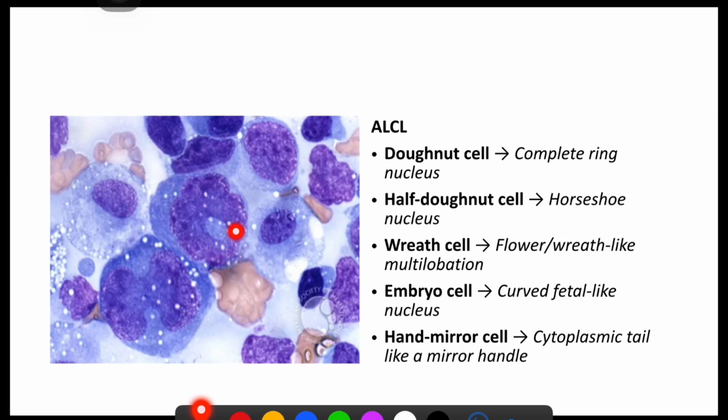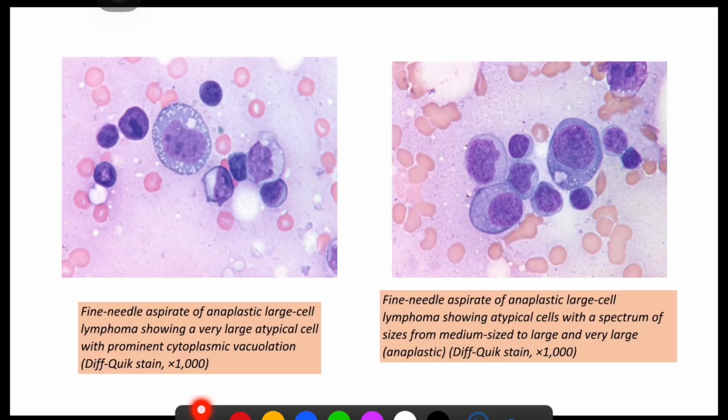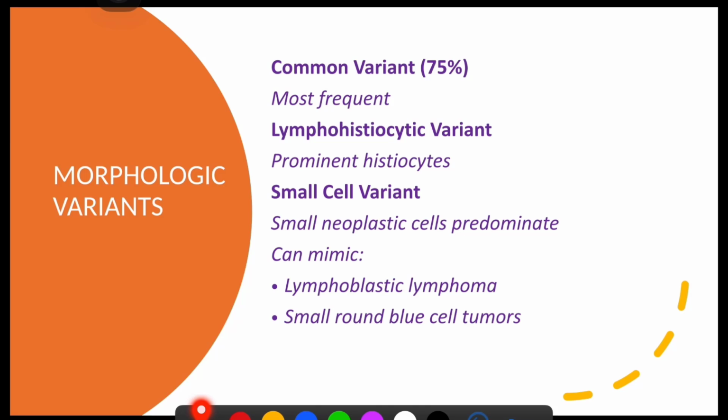If it is half or not a full ring, then it is called horseshoe nucleus or half donut cell. Red cell we have already seen, embryo cell or hand mirror cells may be present. So these are atypical large cells with prominent nucleoli and hallmark cell appearance.